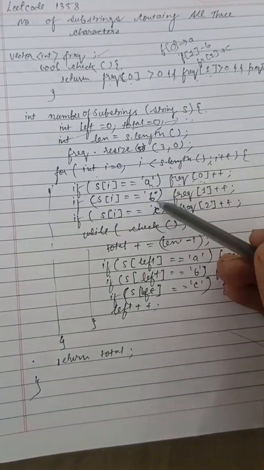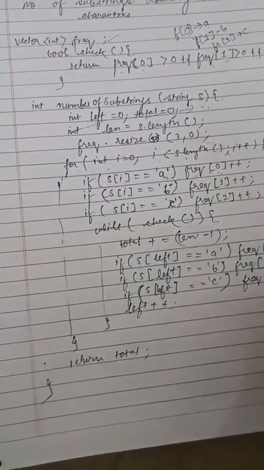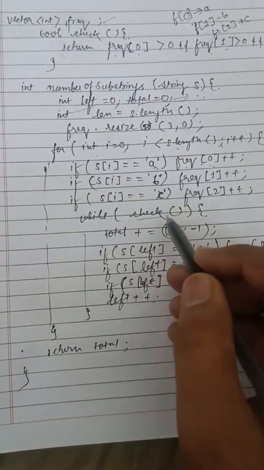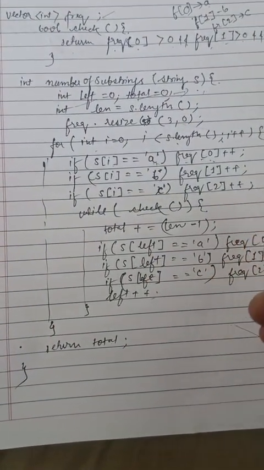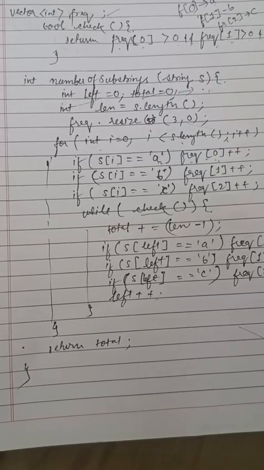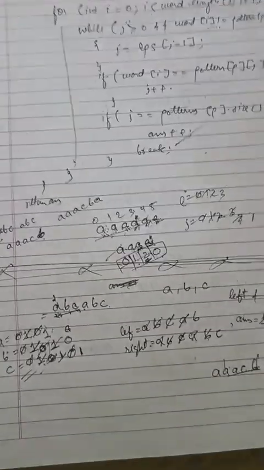Okay, likewise B and C. So when we get A, B and C, the check is true, means we are meeting the condition. So what we will do, simple, as you can see here.